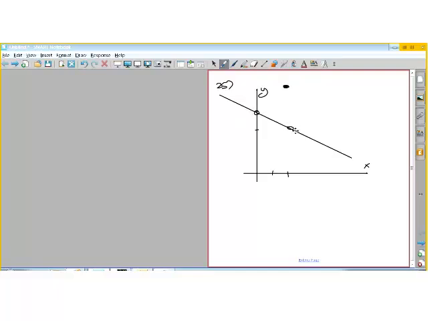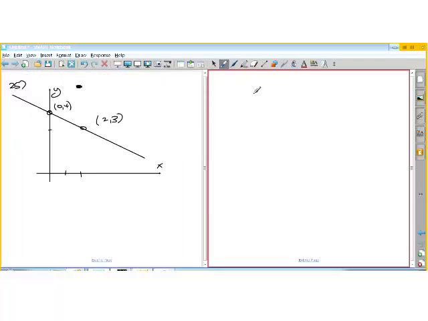So in both of these cases, let's write this down here. We're going to have 2 comma 3 as that point, and this point is 0 comma 4. If we were to figure out what the line is that goes between those 2 points, how would we do that? Well, we'd figure out the slope first. The slope is y2 minus y1 over x2 minus x1.